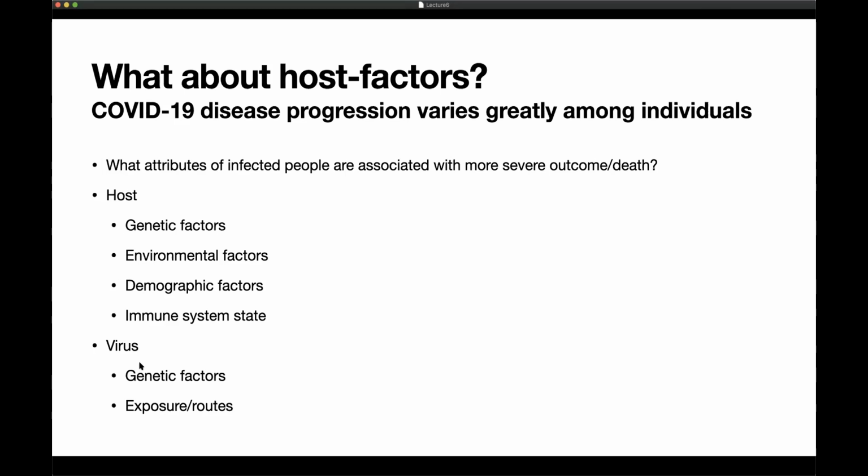And then if you look at the virus, even though SARS-CoV-2 is pretty genomically homogeneous, you can still have slightly different strains. So potentially there could be some effect whether or not the virus has a particular mutation in spike or doesn't. There's not a whole lot of evidence right now that this makes a whole lot of difference. And then in addition, you might have other factors like, how were you exposed to the virus? Again, not such a big factor for SARS-CoV-2, but it might be for other viruses.